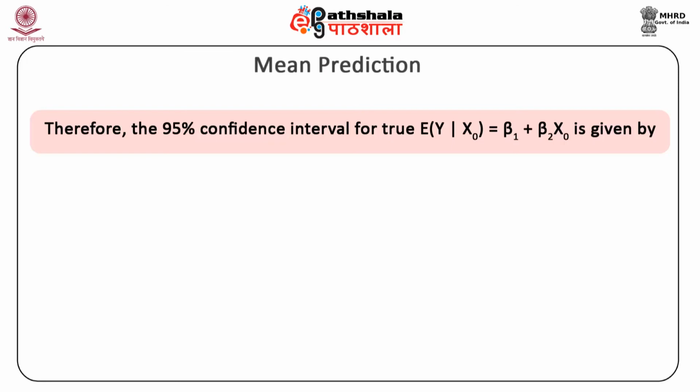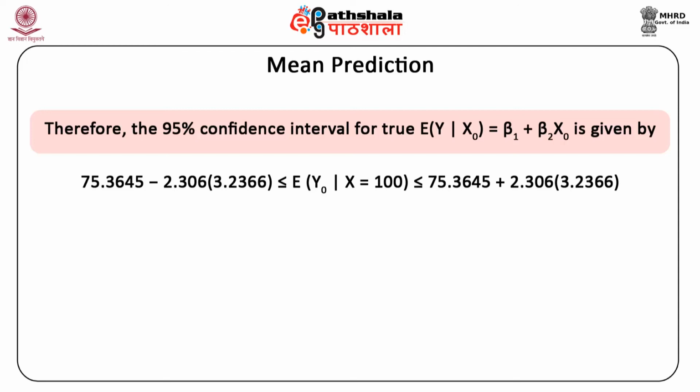Therefore, the 95% confidence interval for the true expected value of y given x equal to x0, which is beta 1 plus beta 2 x0, is given by 75.3645 minus 2.306 into 3.2366 less than or equal to the expected value of y0 given x equal to 100, which is less than or equal to 75.3645 plus 2.306 into 3.2366.